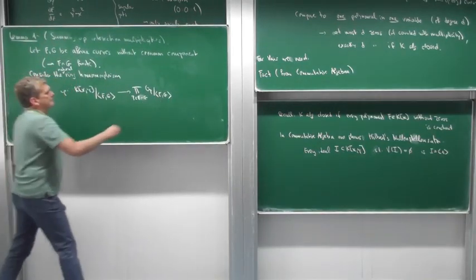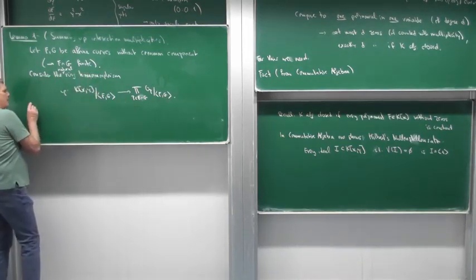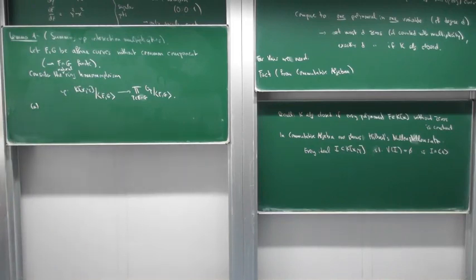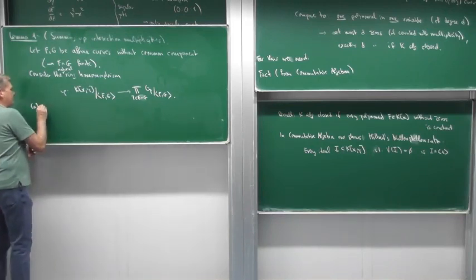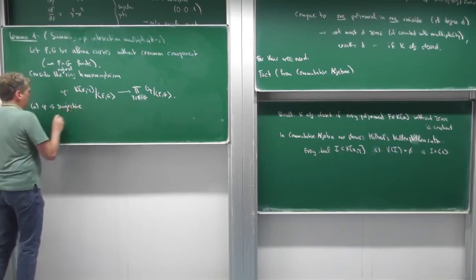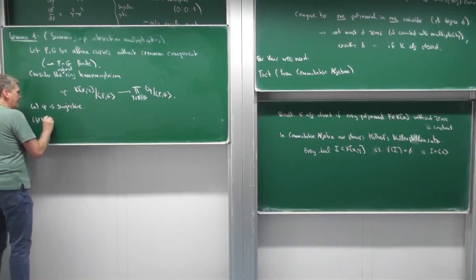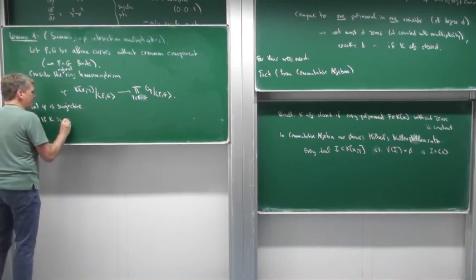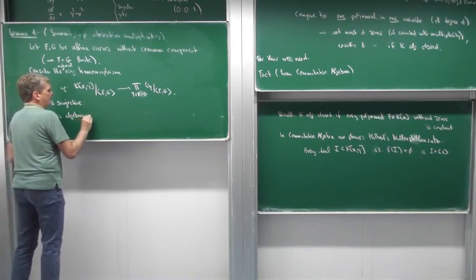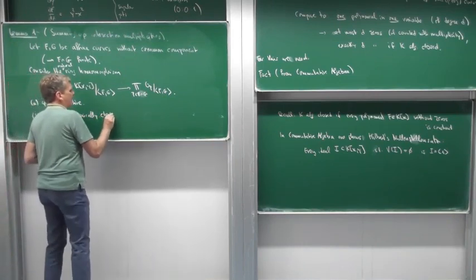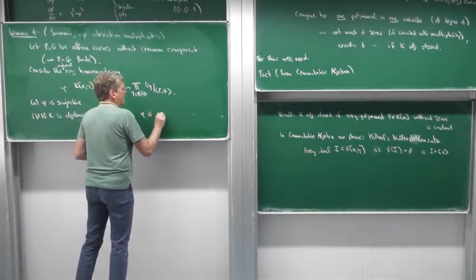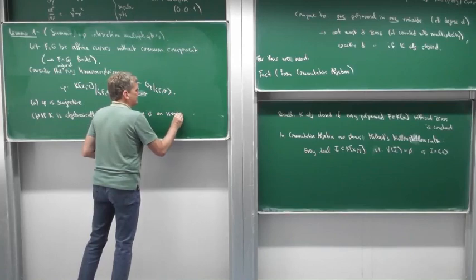Then there are two statements about this. This map is very close to being an isomorphism, actually. The first statement, A, is that it's always surjective. And B is that if K is algebraically closed, then phi is in fact an isomorphism, hence it's also injective.